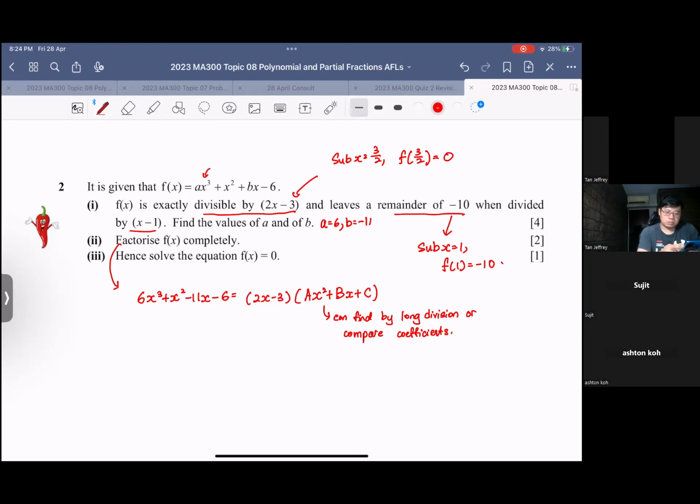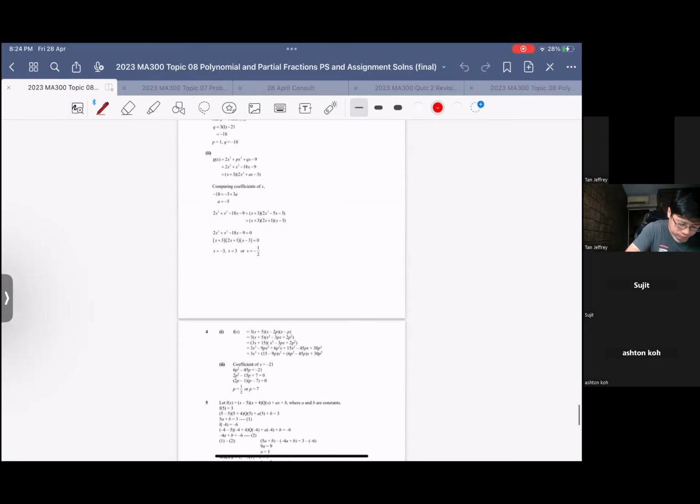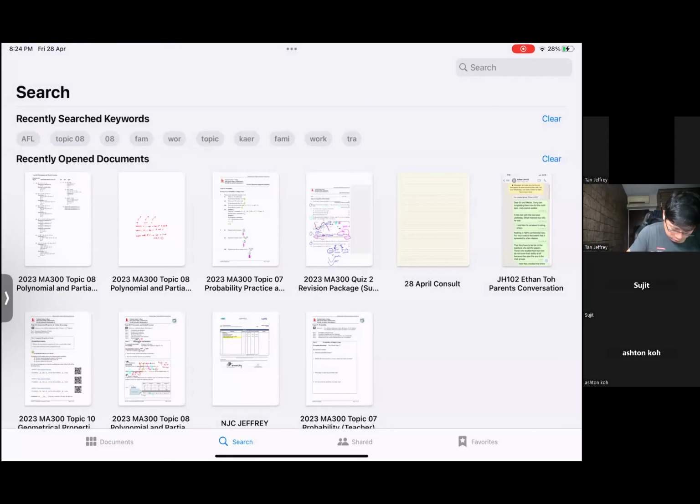Mr. Tan, I know you said that the 6.5 challenging question for polynomials is, I mean, don't know is okay, but could you still go through it? Okay, can. 6.5, okay. Let me check.